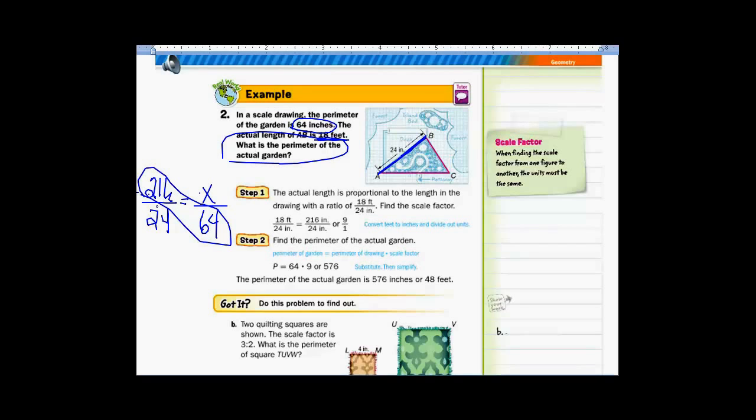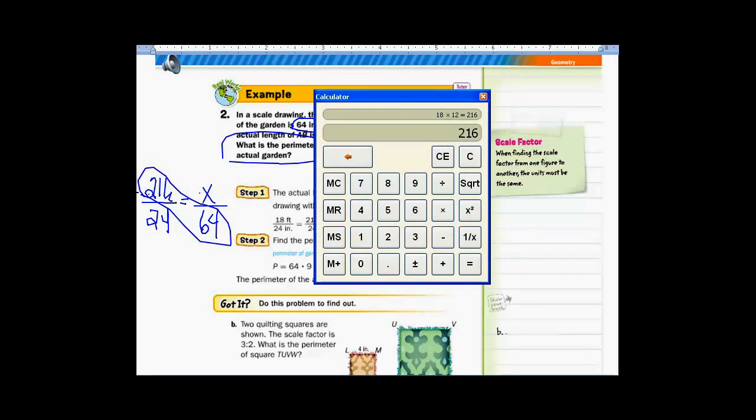So 64 times 216. That would be 13,824 equals 24x. Divide by 24. 576 what?